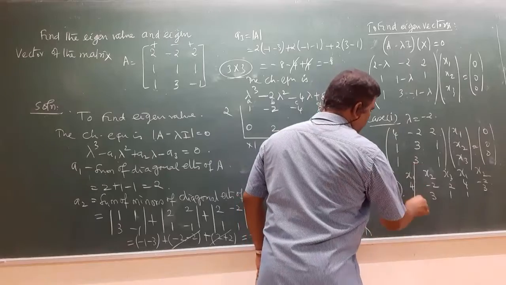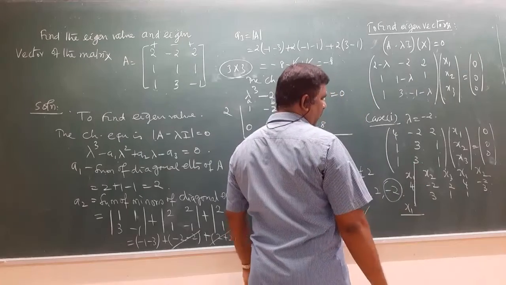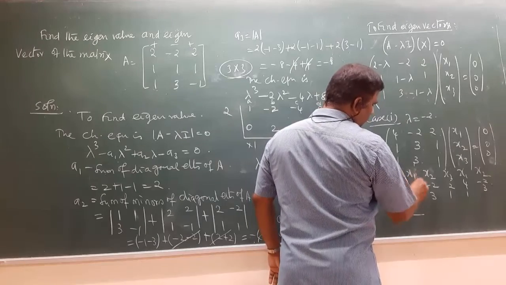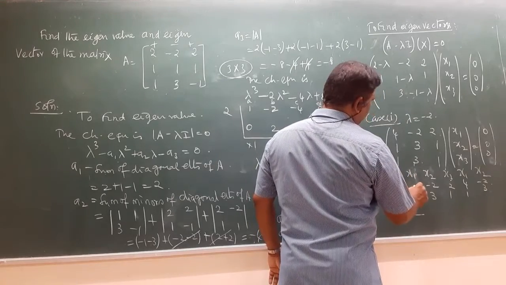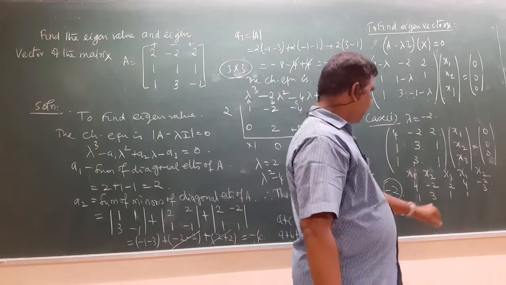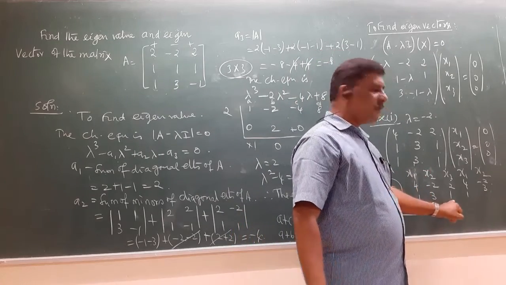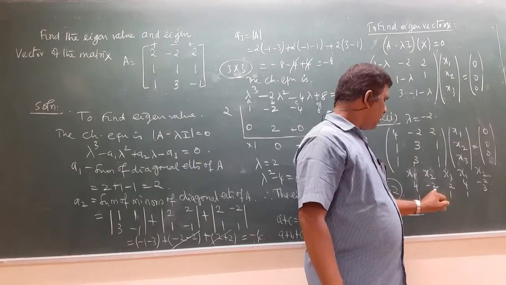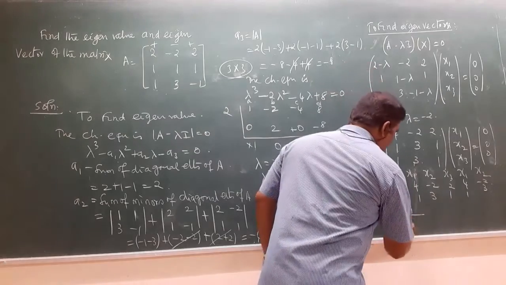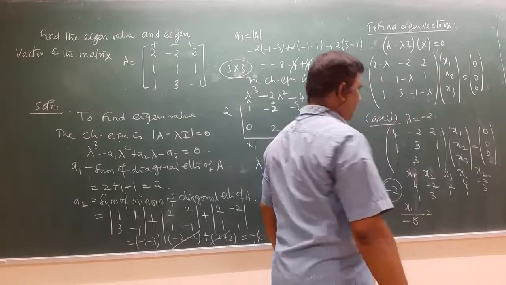For x1, leave the respective column and find the determinant of the next two columns. That means minus 2 minus 6, which is minus 8.